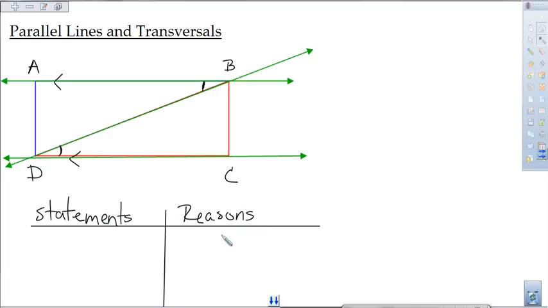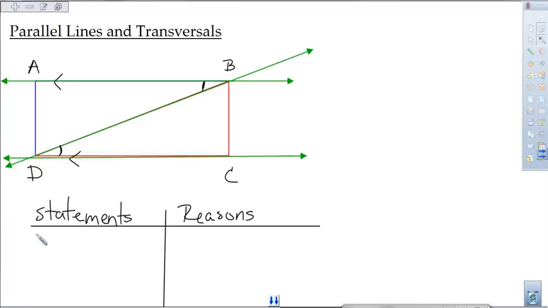Okay, whenever we want to use alternate interior, alternate exterior, that kind of thing, before we do anything of that sort, we need to show that the lines are parallel. And lucky for us, in this picture, we are given that these lines are parallel. If we are not given that they're parallel, we cannot use those alternate interior, alternate exterior theorems.